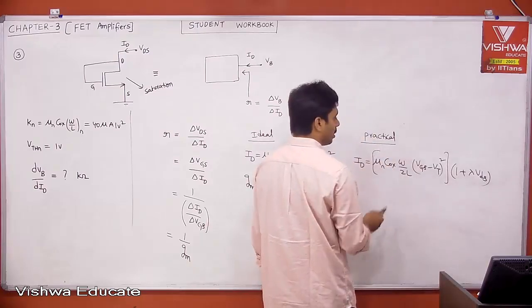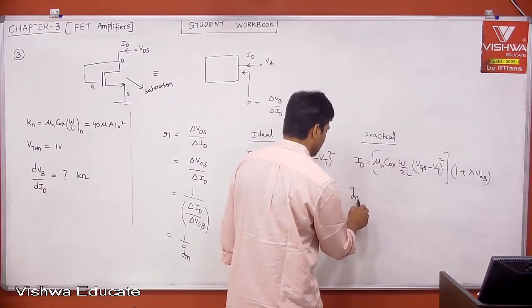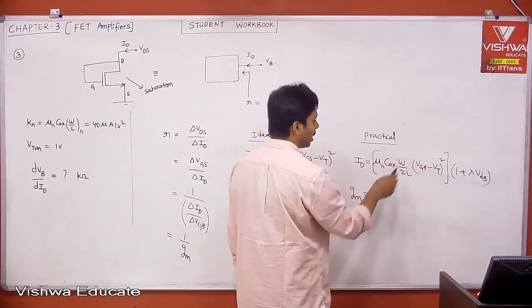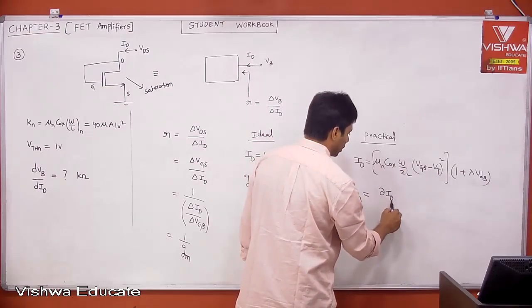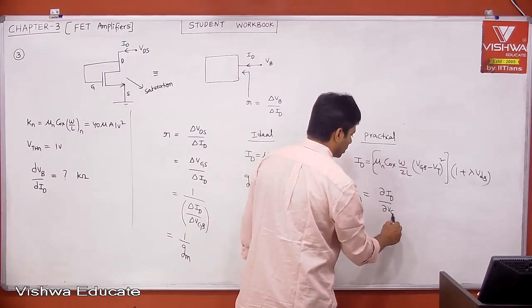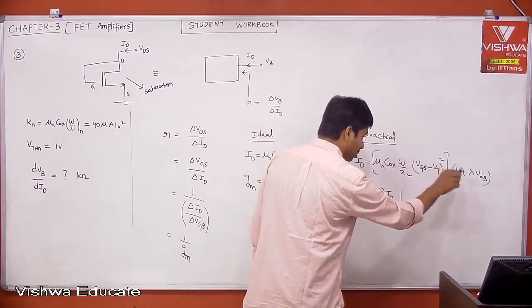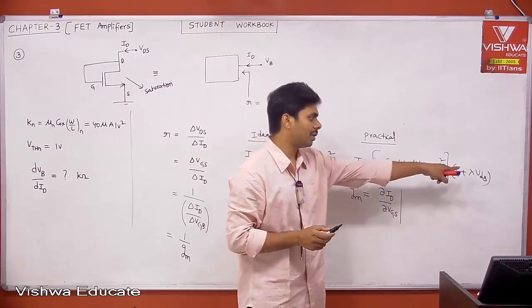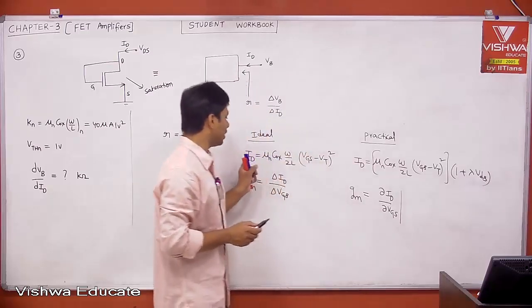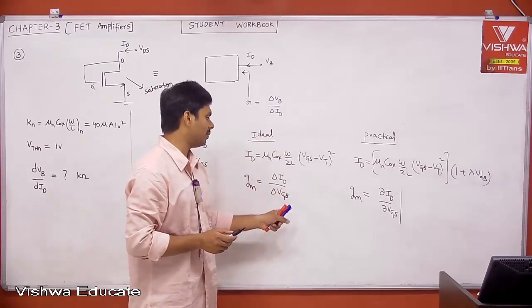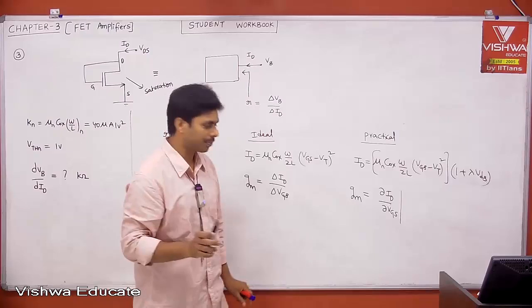In this case, GM is a function of both VGS and VDS. Then for the change in ID because of change in VGS, we have to keep VDS constant, because ID is now also a function of VDS. In the ideal case, ID is not a function of VDS, so whether VDS is constant or not doesn't matter.